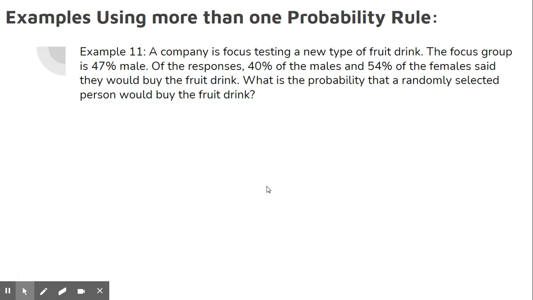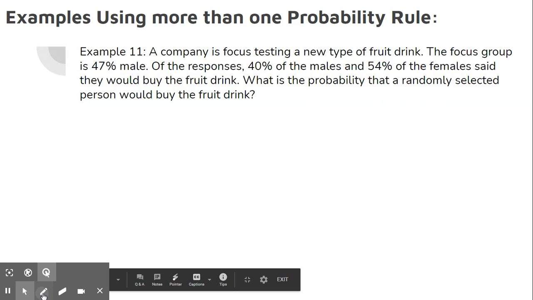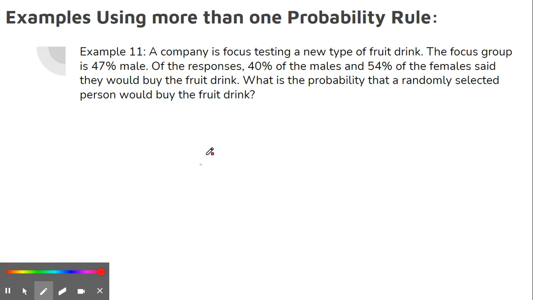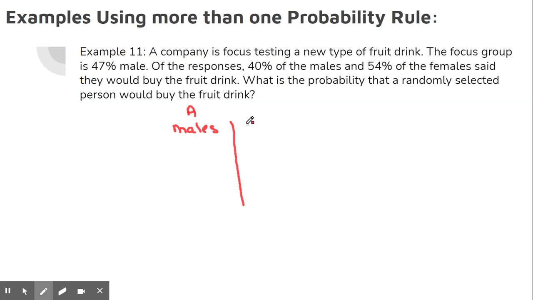So we have here a company that is focusing on a type of fruit drink. Okay. We have 47% male, and 40% of the males and 54% of the females said they would like to buy the drink. Okay, so let's set up our table. I have group A, which is going to be males, and I have group B, which will be females.